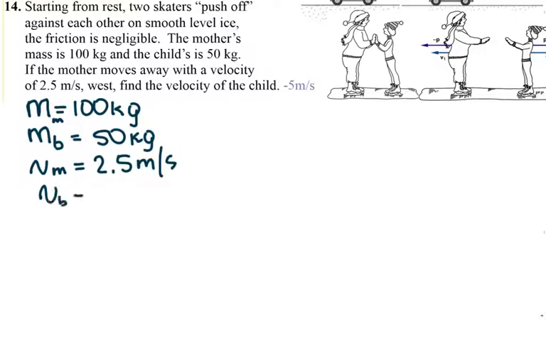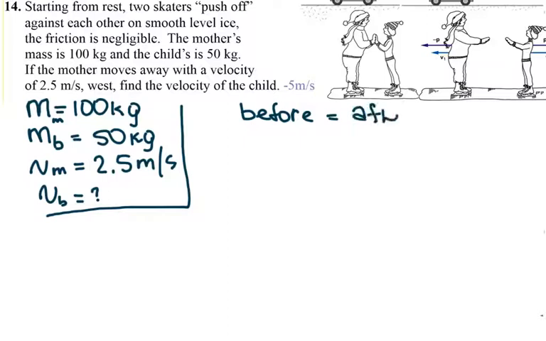So the velocity of the boy is what we're looking for, after they push each other. So the before and after, again, before and after. So the momentum before has to be equal to momentum after.